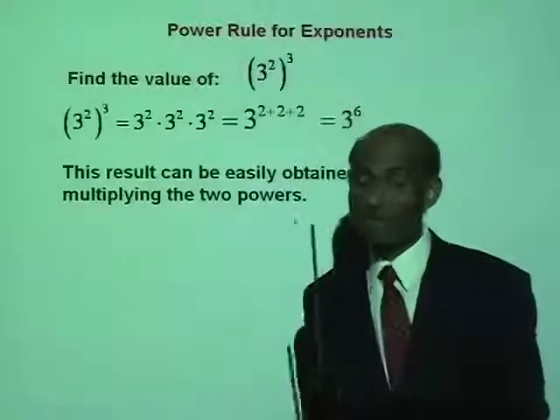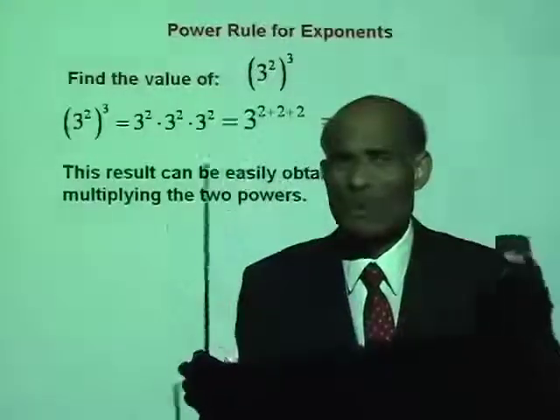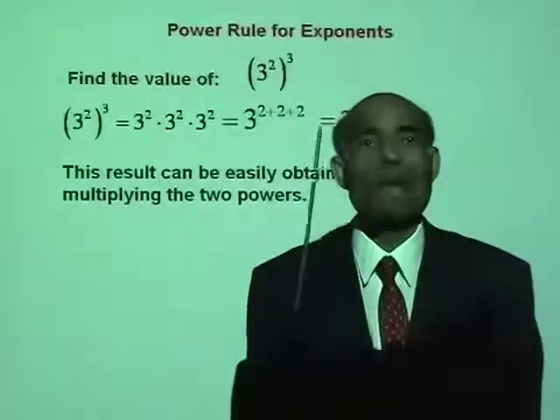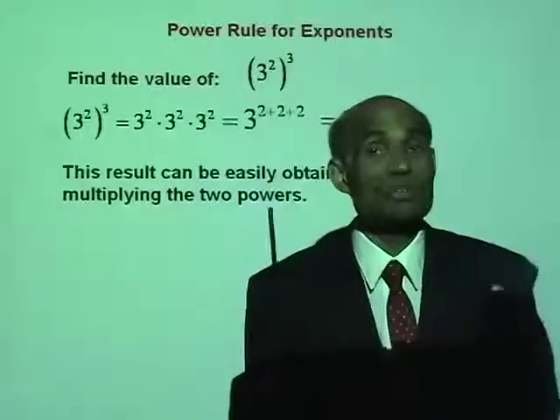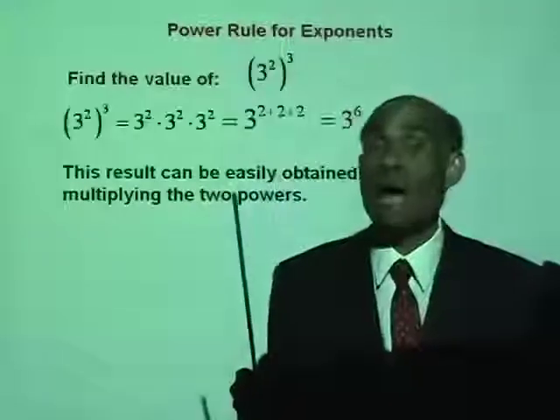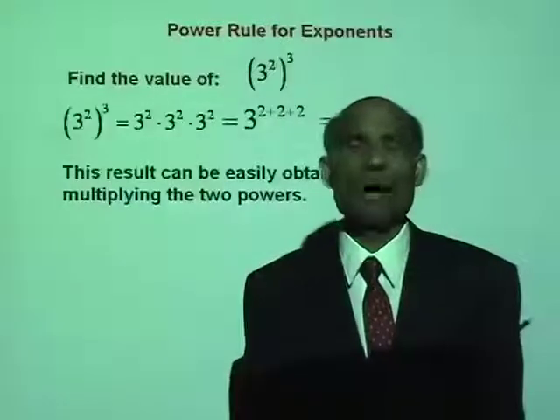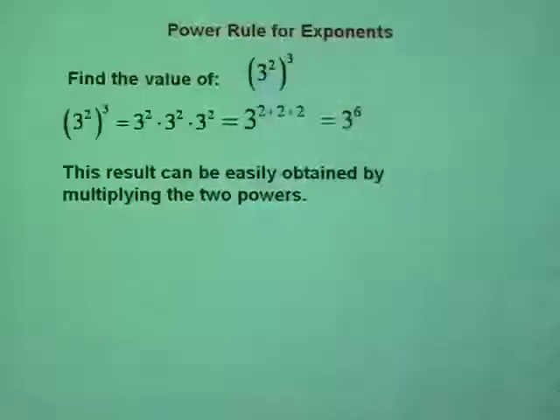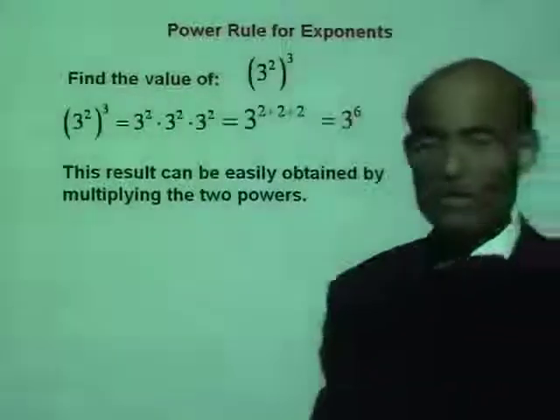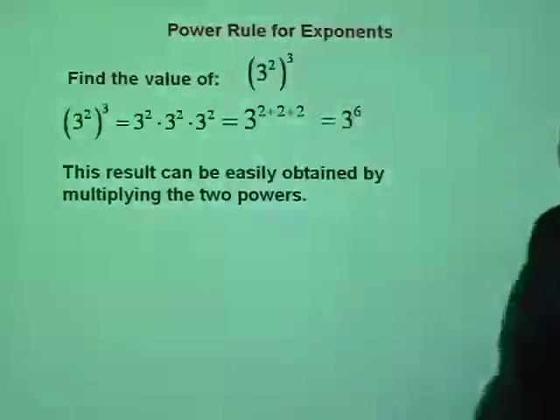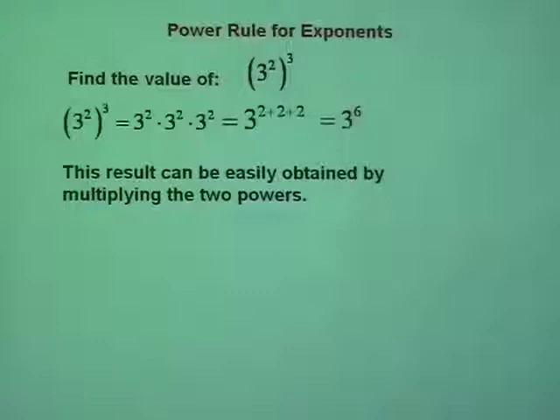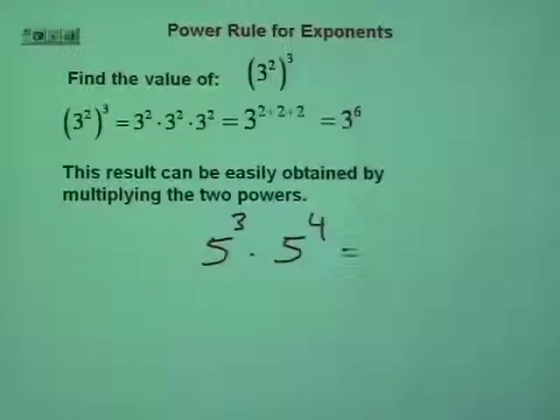Alright? Now, students very often get confused about when to multiply powers and when to add powers. I want you to learn this once and for all. When will you add the exponents and when will you multiply the exponents? Look at this: 5 to the power of 3 times 5 to the power of 4.